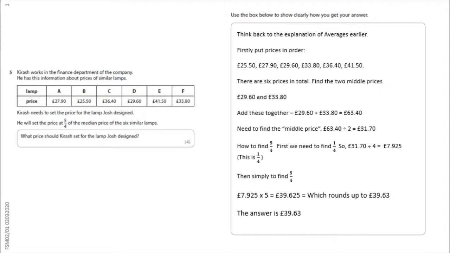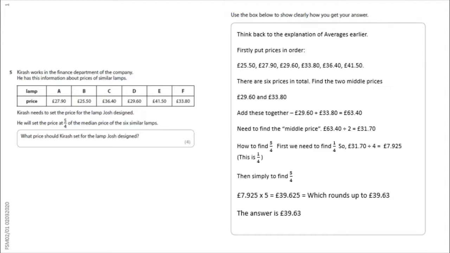So, how do we find 5/4? Interesting, because really that is 1 1/4, but we're needing to find 5/4. So we had something similar in a previous video, whereby we needed to find a third of something, and that was the figure divided by 3 gave us our third. What we have here is 4.